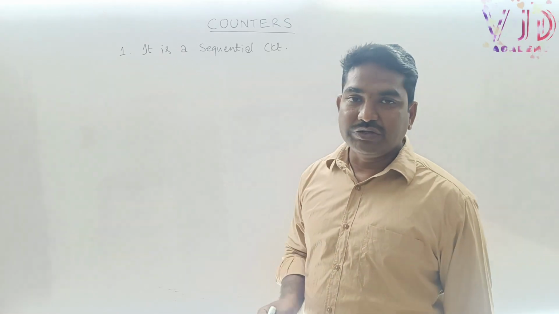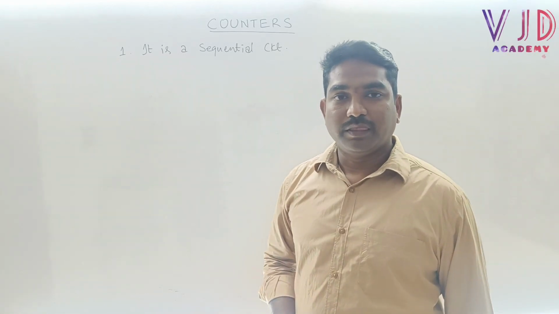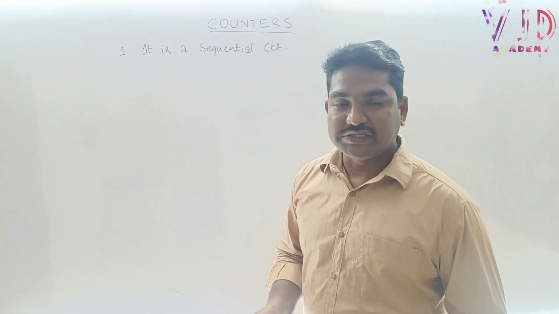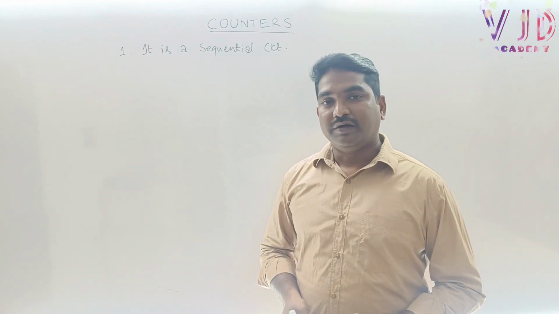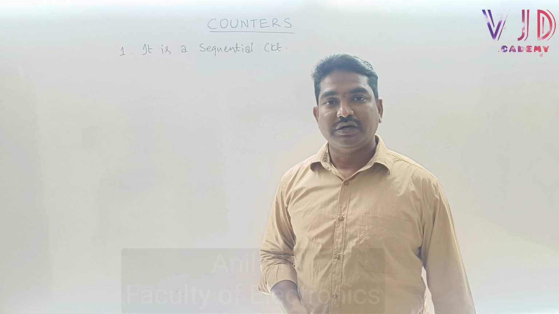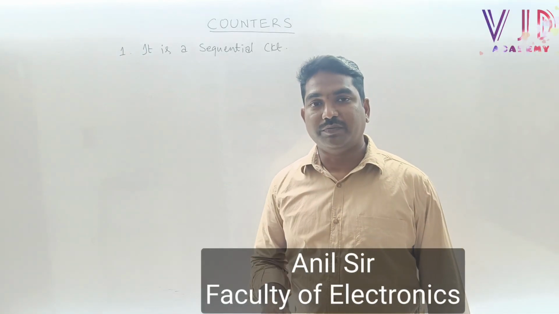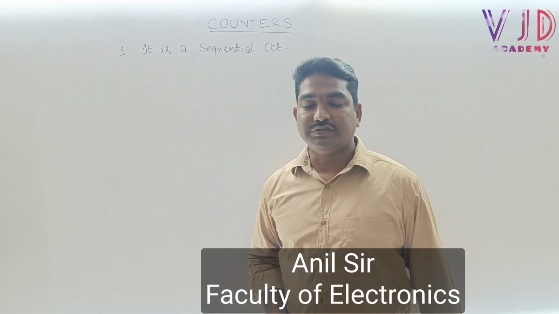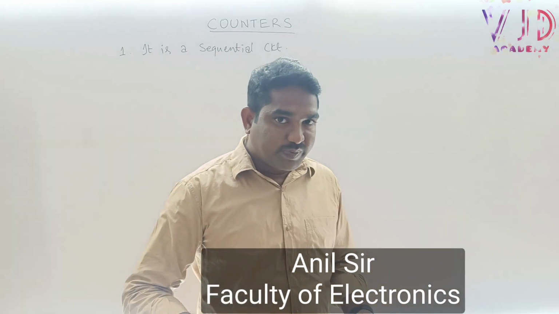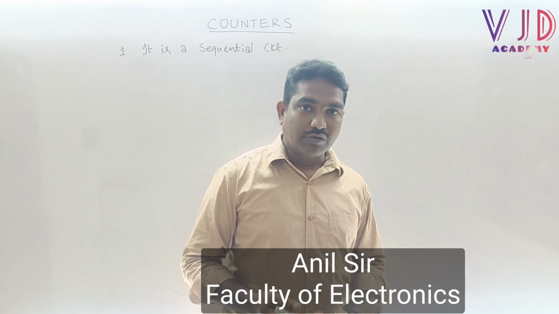This particular circuit may have feedback and memory present, and all the characteristics of sequential circuits may be present even for counters, because a counter is also one of the types of sequential circuits.